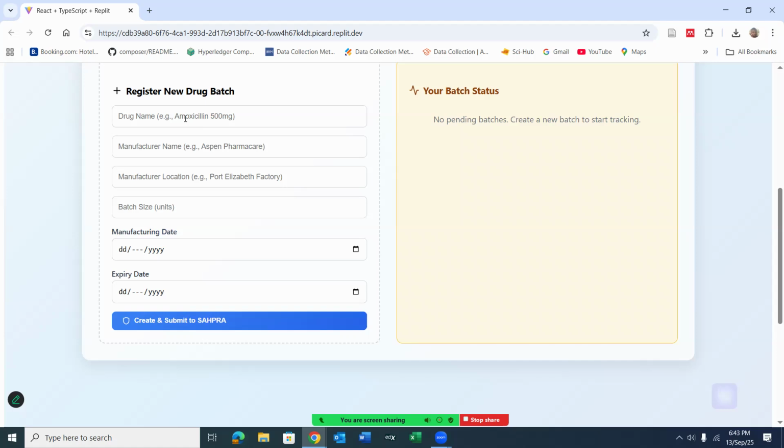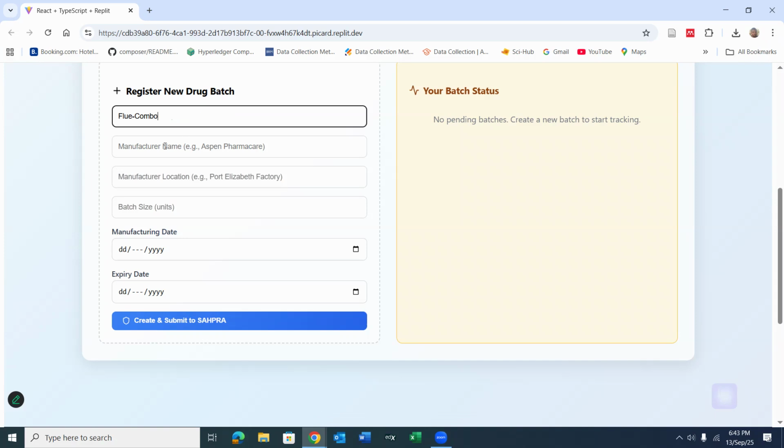But now let's go ahead and capture the information for a new drug that we have just created. So the name will be Flu Combo. It's just a random name, just for demonstration.